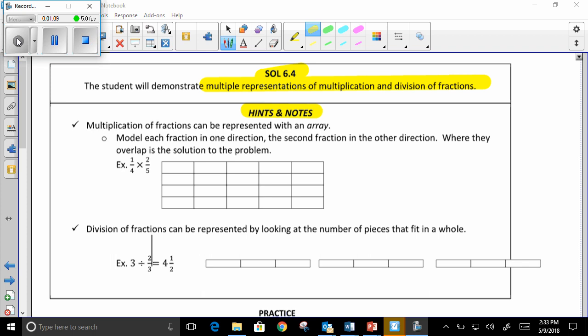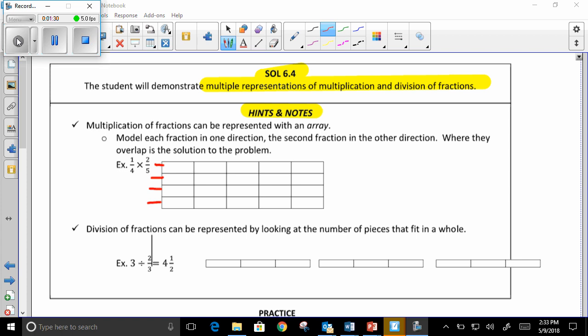So what we're going to do is first you have to look which one represents the fourths and which one represents the fifths. So look at your columns and look at your rows. You're going to draw this. So I have 1/4. Well, it looks like the rows are in fourths.